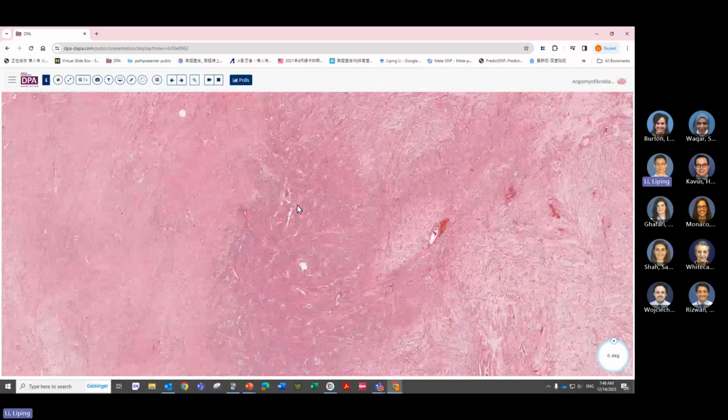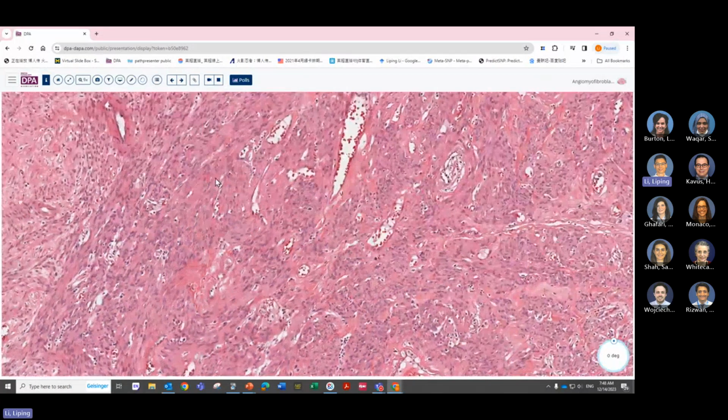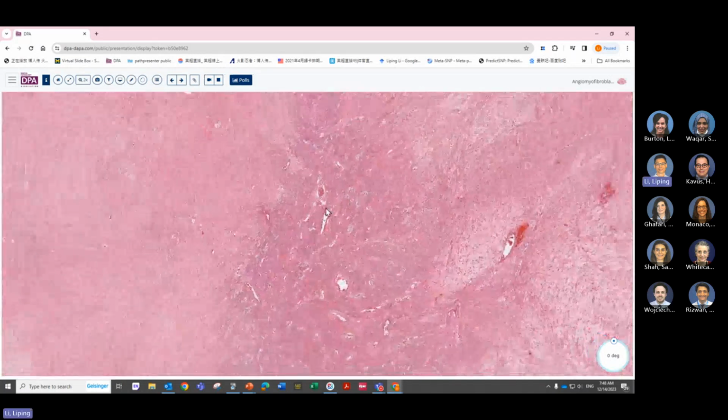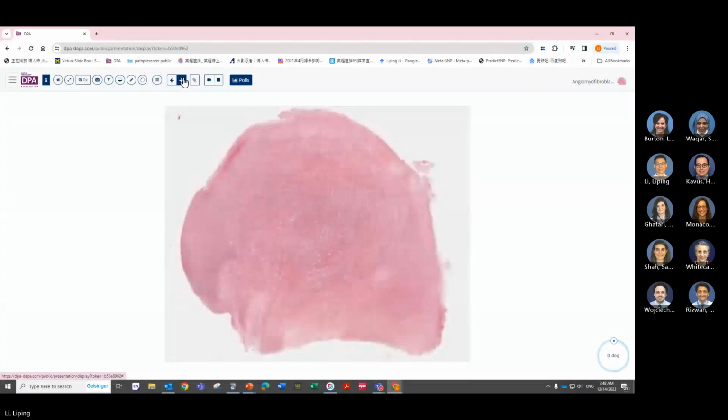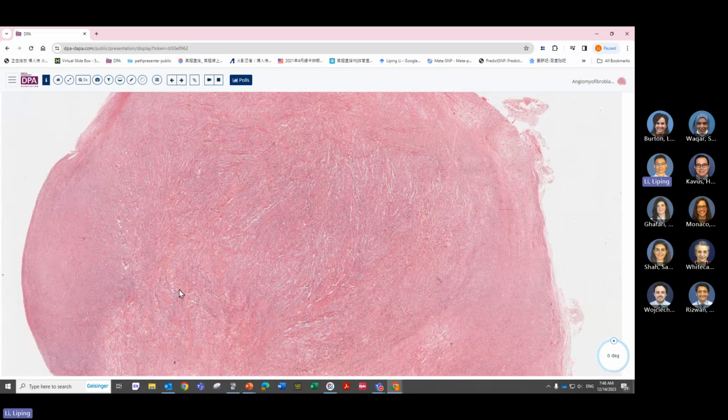So for the hypercellular area, we can see this blood vessel and then all of these tumor cells, plump looking spindle cells, just aggregating in this hypercellular blood vessel area. Another one, even in this low power, we can see kind of a fascicular growth pattern.